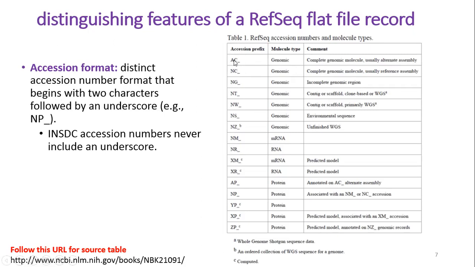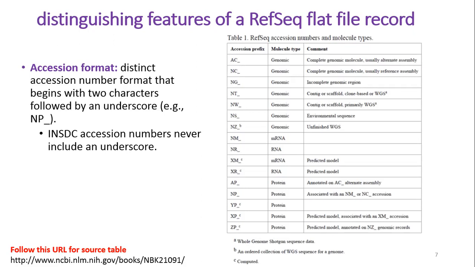After each 2 character accession prefix, there is an underscore, and after this underscore some number or some character or number might be present.